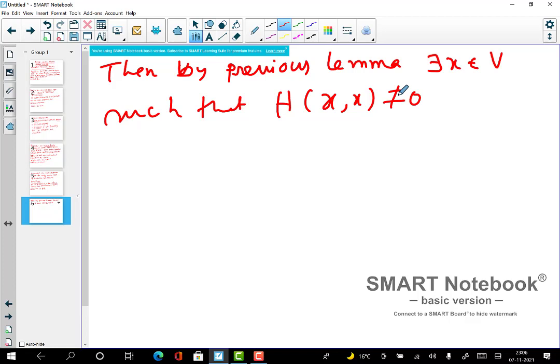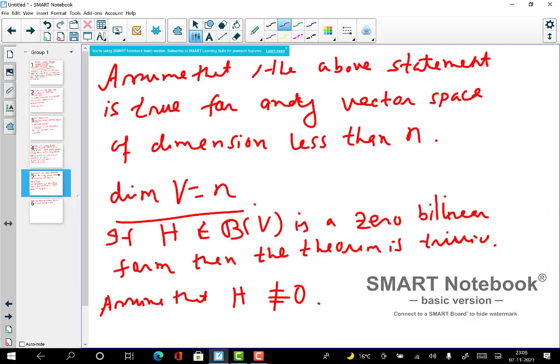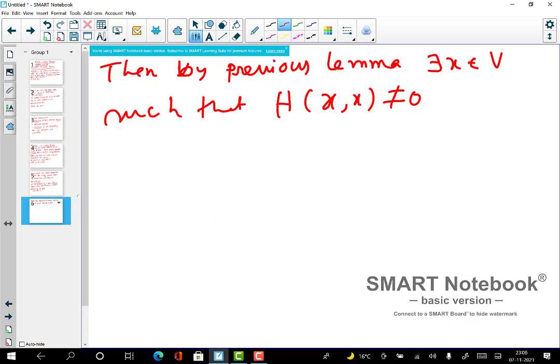This one tells you that whenever you have a symmetric bilinear form which is not identically 0, then this holds. Okay, so the symmetric is given. Remember, symmetry is given. We need to prove this is diagonalizable. Okay. So h(x,x) is not equal to 0. Okay. So this is the vector that we need to use.